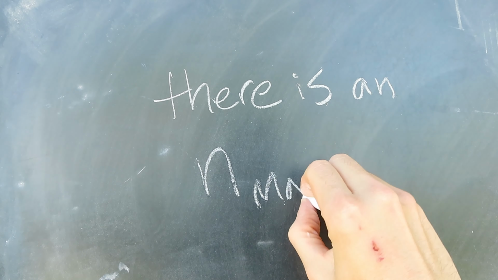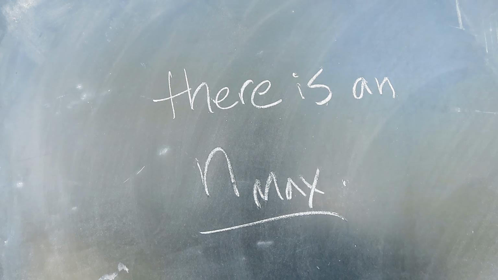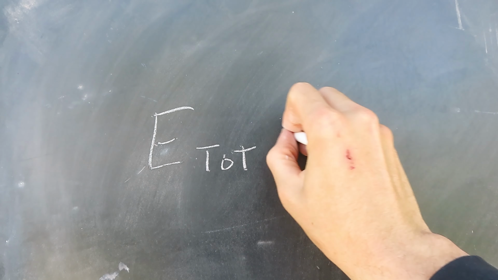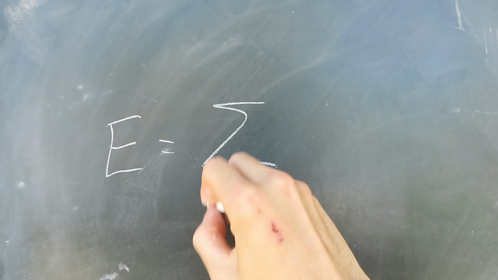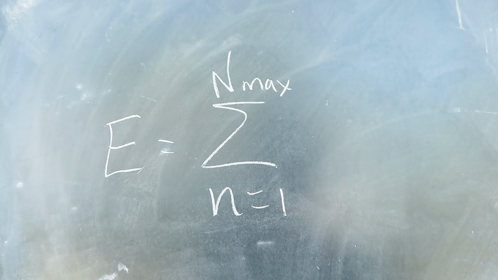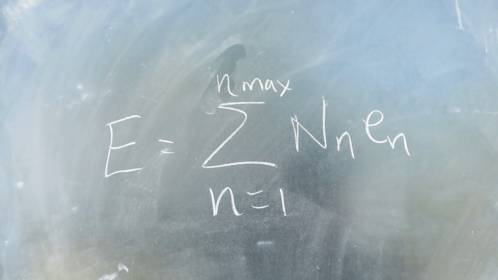First, there must exist some maximum energy photon that's allowed in the oven when it has a total energy E. That is to say, the energy provides a finite cutoff, a minimum possible wavelength that can be supported with that much energy. So what's nice about this is it immediately reduces our infinite sum, our infinite distribution over all possible modes, to a finite sum. In other words, we only need to partition the total energy of the oven amongst a finite number of photon modes, those N sub n, for n less than n max.